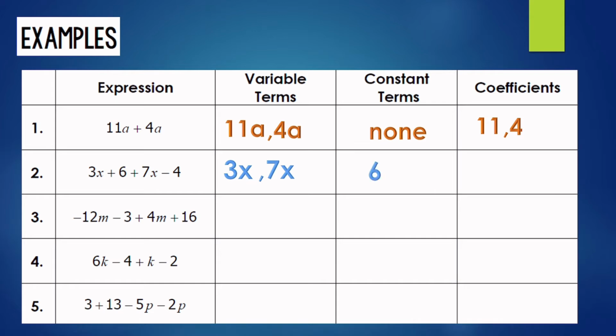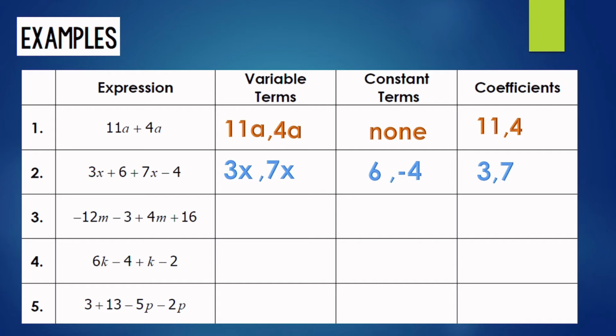In this one, it's 6, and it's a negative 4. Subtraction means negative. Negative means subtraction, and we need to know that. Okay, coefficients. Let's go back to coefficients. That's the number part of my variable term. Again, it's just a number. So 3 and 7. Are you seeing how this works?